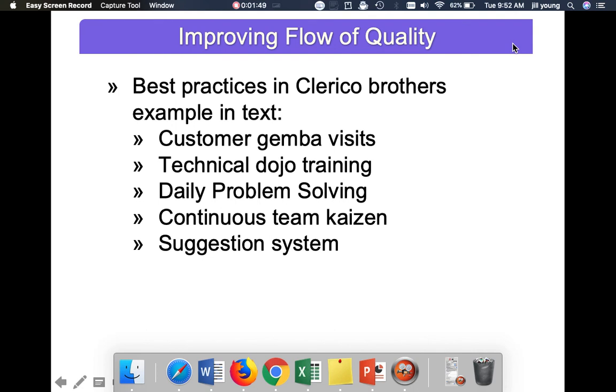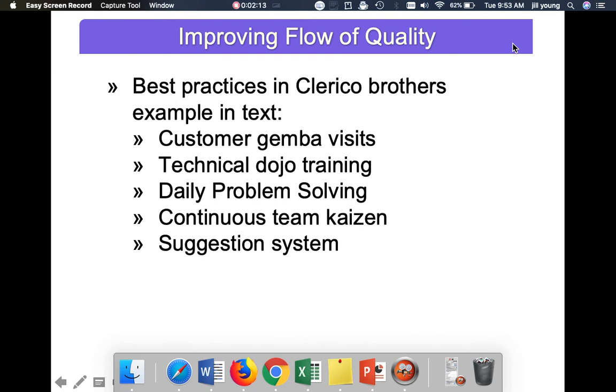Ongoing team Kaizen, really that is just about keep on looking for ways to improve. Keep on looking for issues, problems that can be solved. It might be decreasing time, decreasing space, decreasing waste, anything.